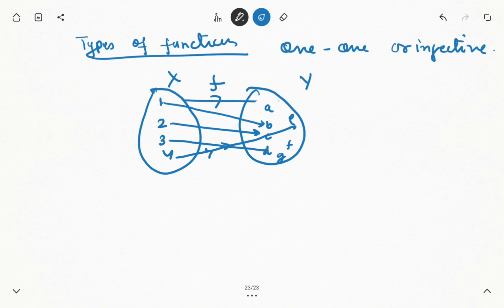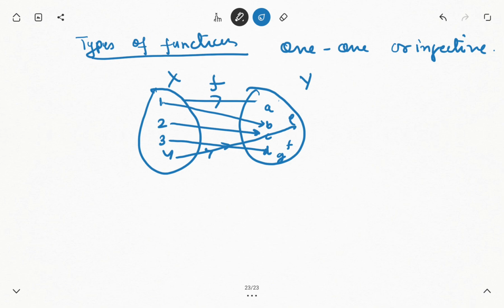Now see, there are elements which are not the image of any element in X, right? A, F, and G are not the images of any element in X. This is one observation. This is possible for a function, but all the elements of X are exhausted, and each has an image.